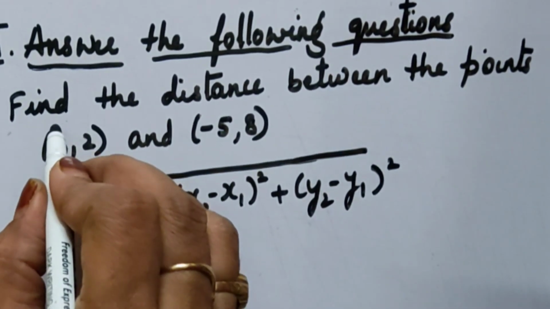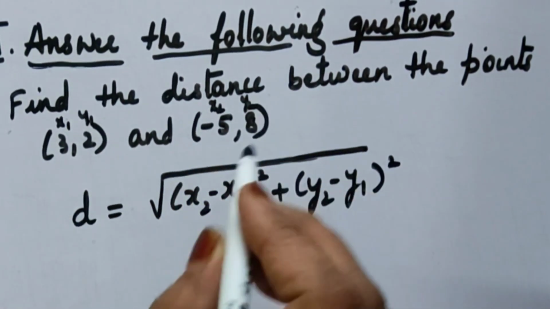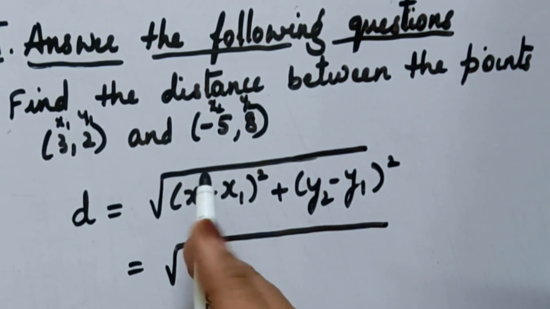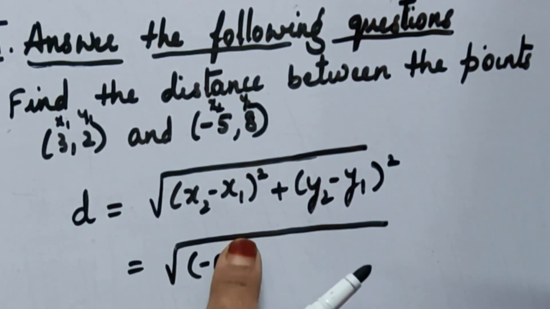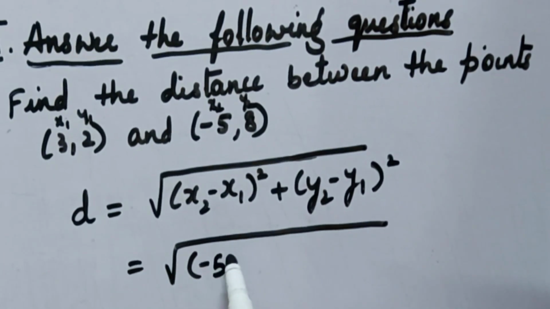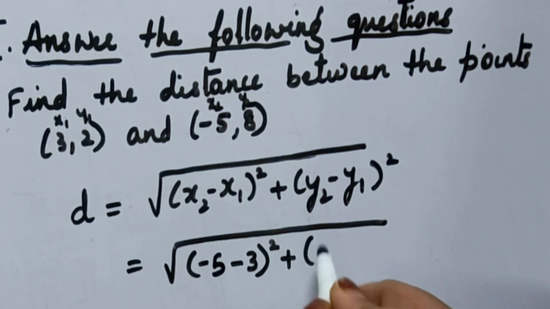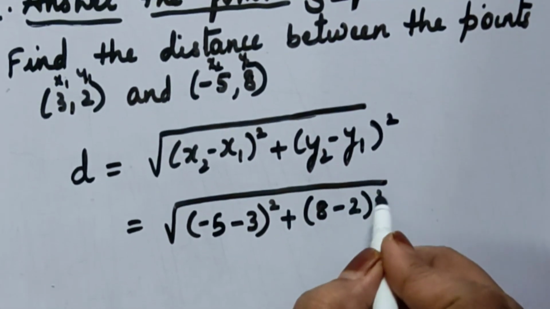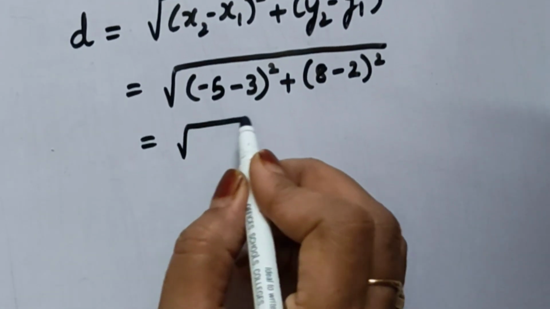So let us write this as x1 y1 and this is x2 y2, equals root of, so x2 value is minus 5 minus, x1 is 3, whole square, plus y2 value is 8 minus 2 whole square, that is y1 is 2, equals to.